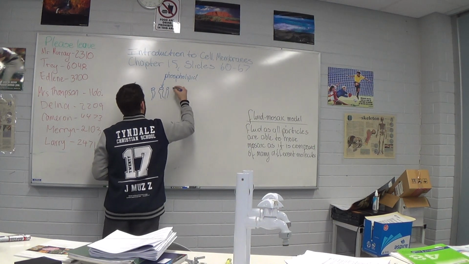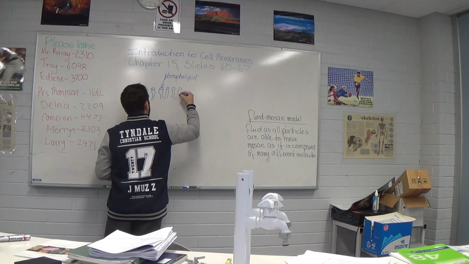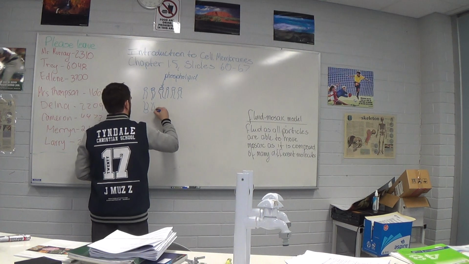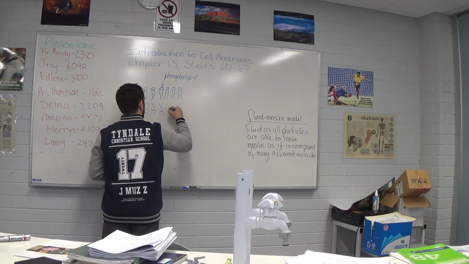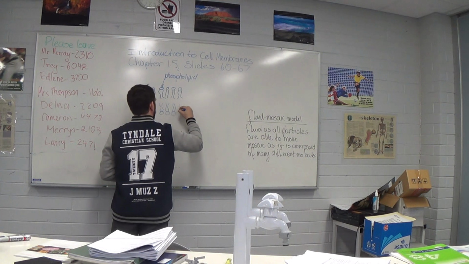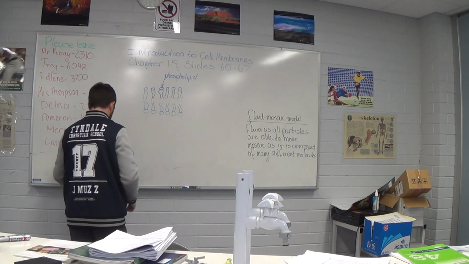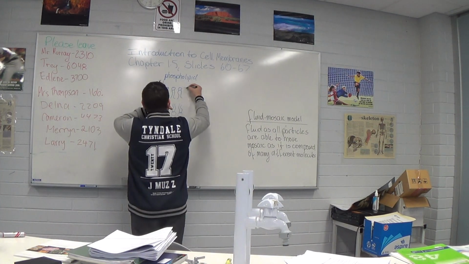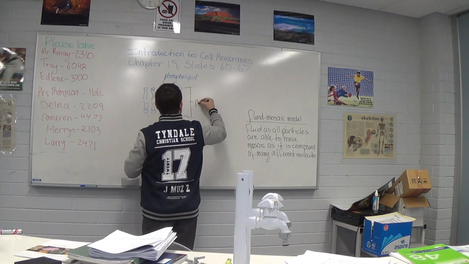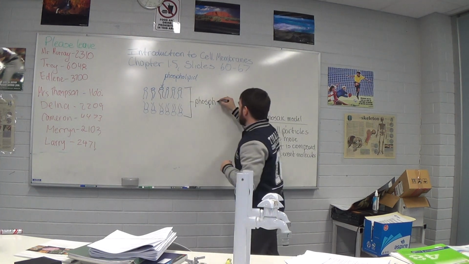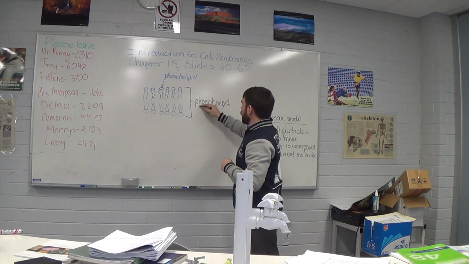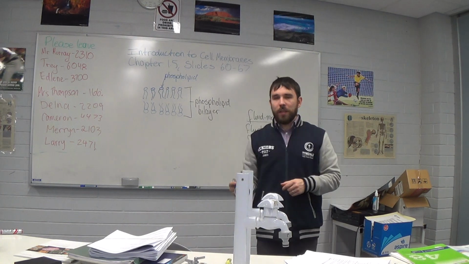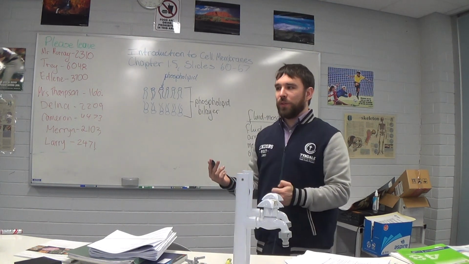We're just going to draw a section of the cell membrane. So this is our phospholipid bilayer. This is the basic underlying structure of our cell membrane.